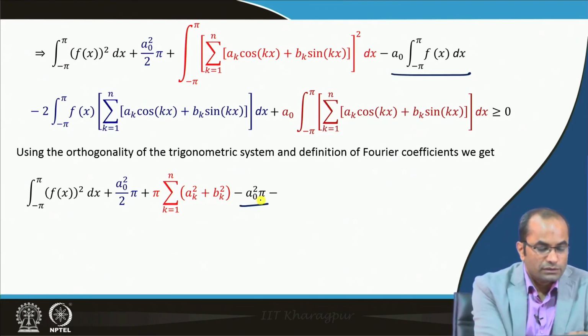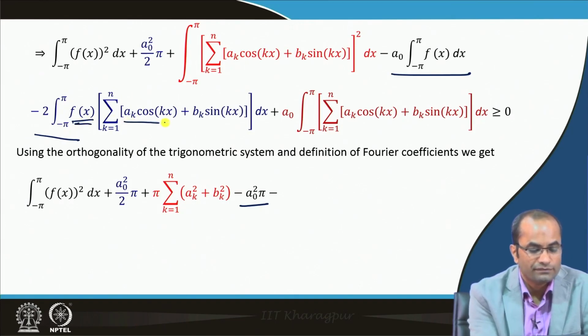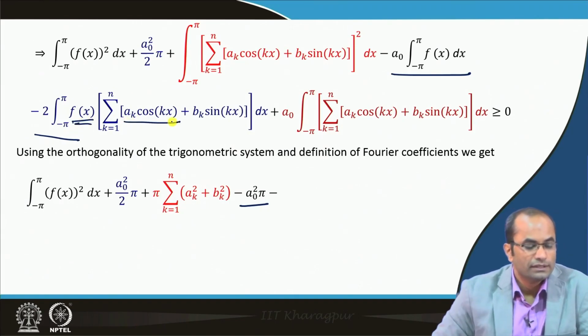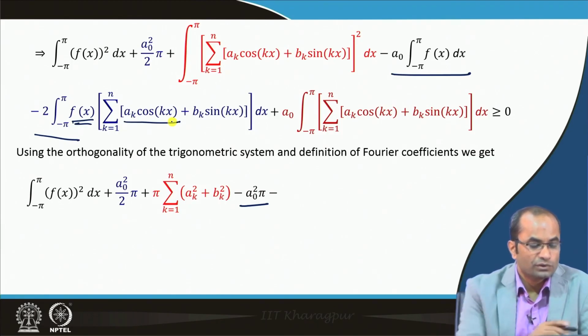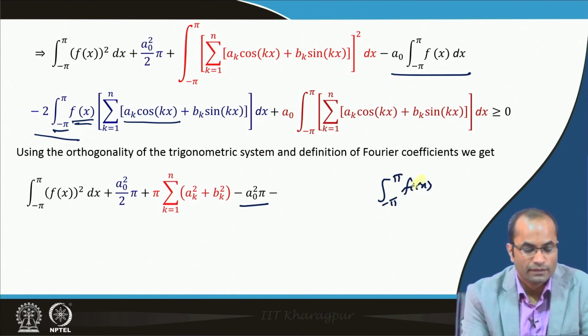Now, coming to this term here, we have minus 2 times f x and then the sum of a_k cos k x. So, we have the integral from minus pi to pi of f x with cos k x.